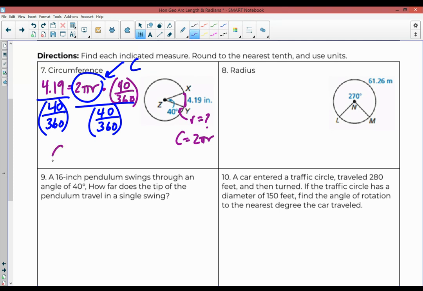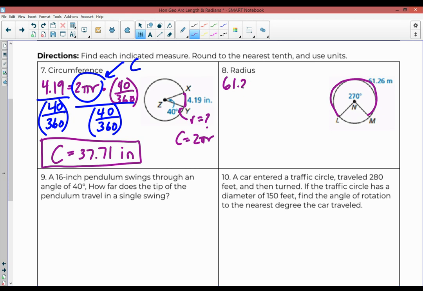So the circumference is 37.71 inches. Cool.